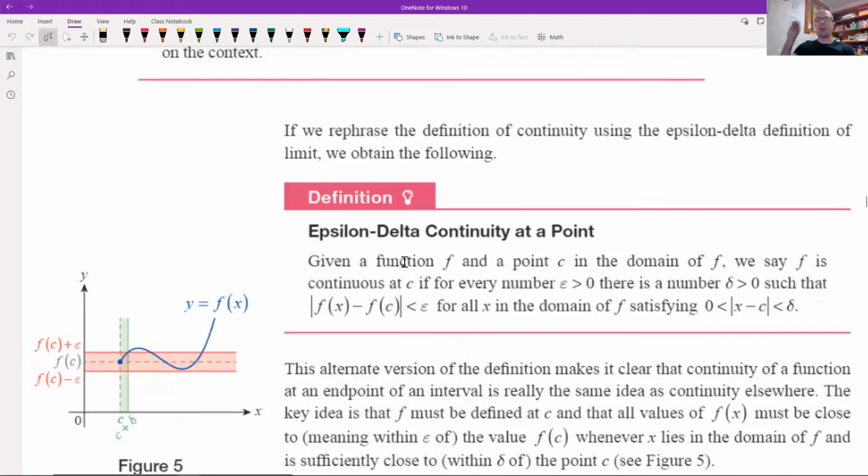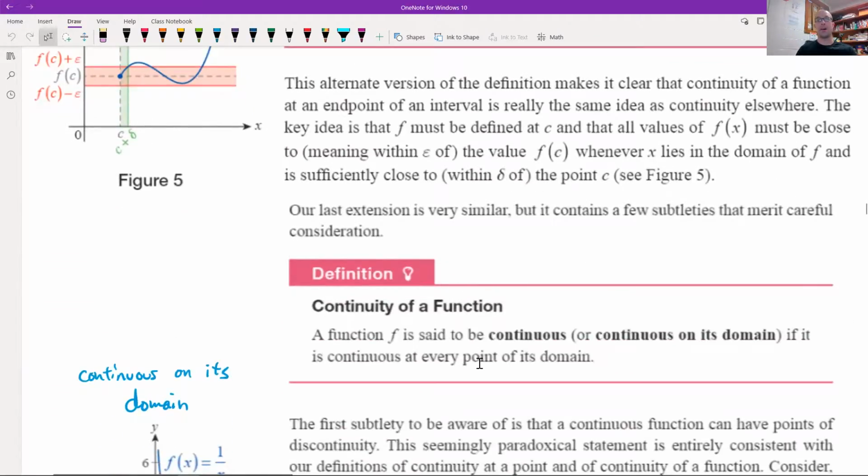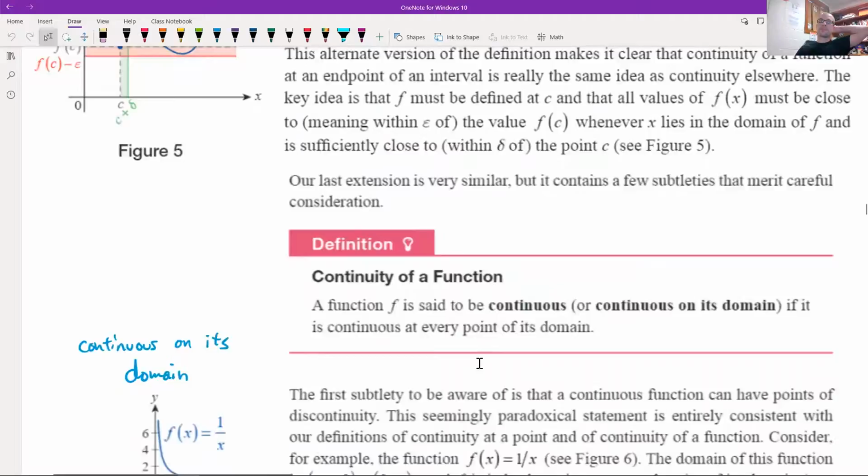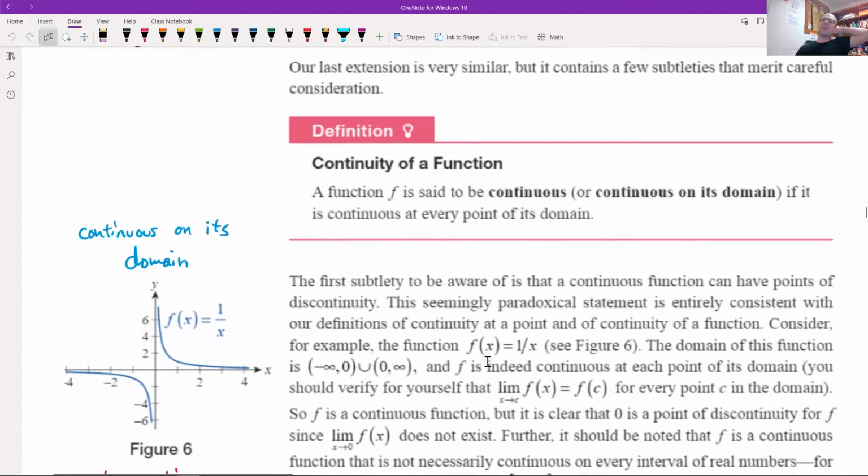Both of those are continuity at a point, and a lot of times it's nice to talk about continuity of an entire function, so all of the points in that function at one time. And when we say that a function is continuous, we are implying that we understand that we're talking about continuity on its domain.